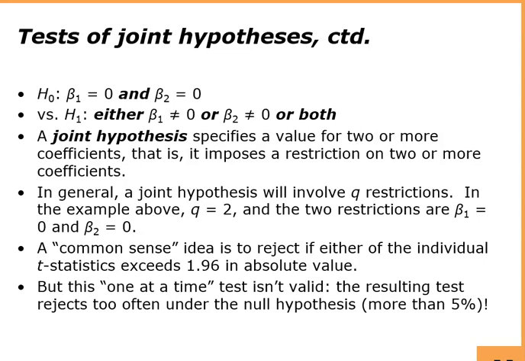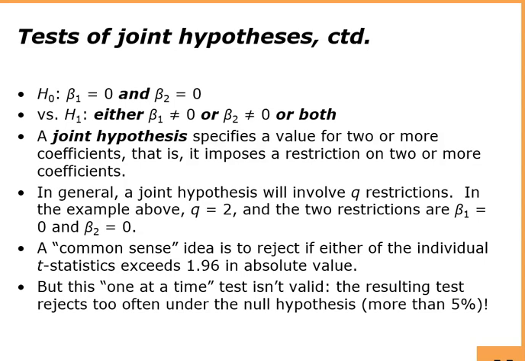We test the null hypothesis that beta 1 is equal to 0, and then test separately for beta 2 equal to 0, using the t distribution or the t stats, which you can calculate with the formula that I showed earlier in this lecture. We compare the t stat that you calculate with the t critical value of 1.96 and figure out whether you reject the null hypothesis or fail to reject it.